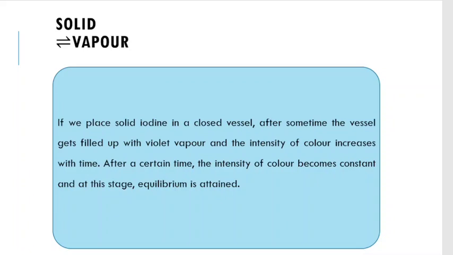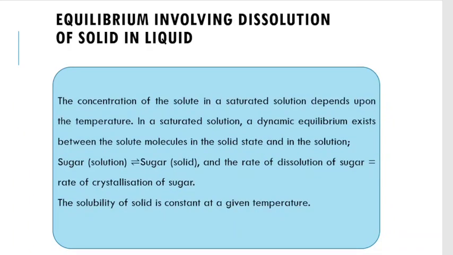And finally, if we consider the solid in liquid equilibrium, dissolution, whenever a salt is dissolved in the solvent, there exists equilibrium between the solute molecules in the solid state and in the solution. There exists equilibrium.